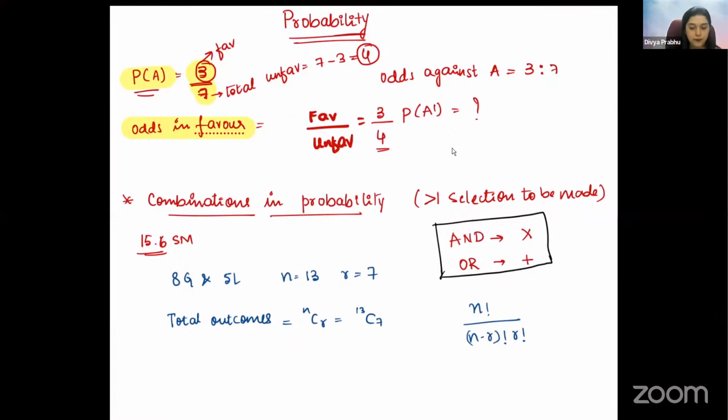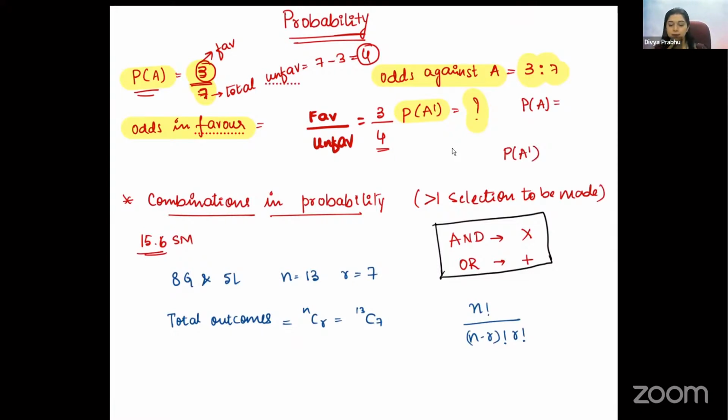Now, next question. Odds against A is given, which is 3 is to 7. Calculate P of A dash. Can you give me the answer for this? Whenever probability of A dash is asked, you have to first calculate what is probability of A. Always calculate P of A first. Once you calculate P of A, then we will calculate P of A dash.